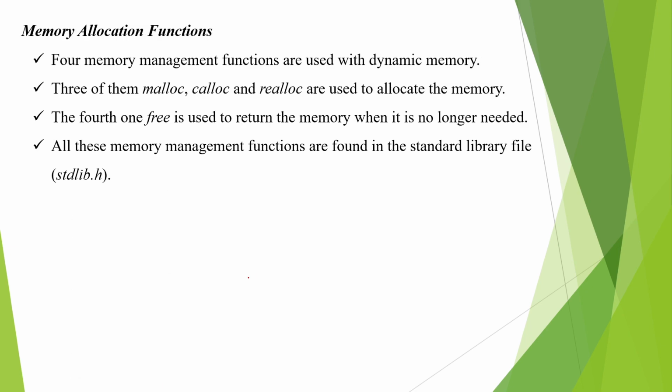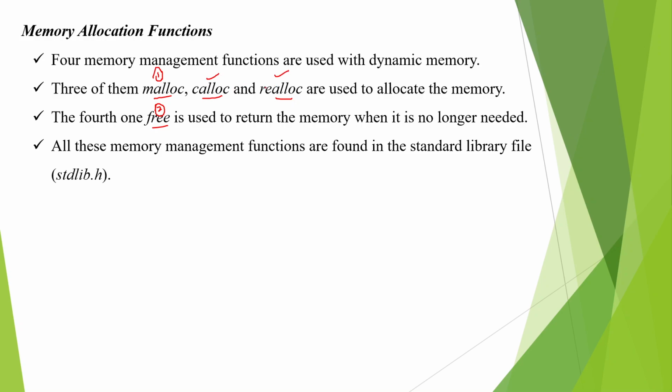Among all these functions, we have four different types as we discussed yesterday: malloc, calloc, realloc, and the free function. We already discussed malloc, the block memory allocation, and free, which we use to release the memory. These two we have already discussed, and in today's session we'll be discussing calloc as well as realloc.